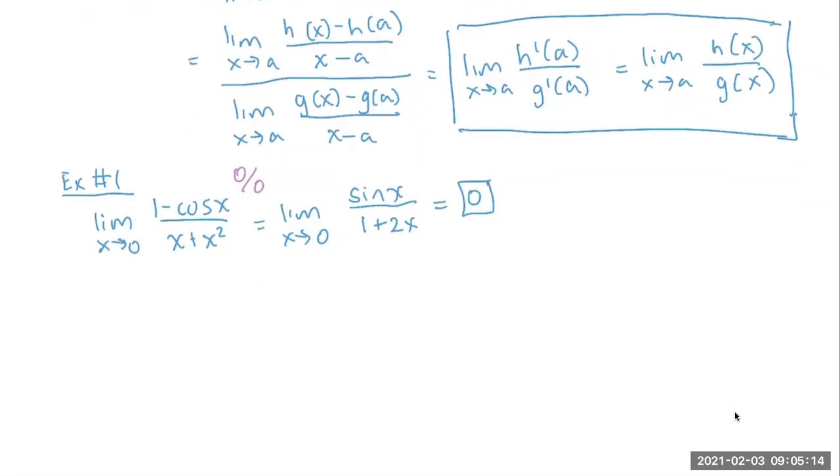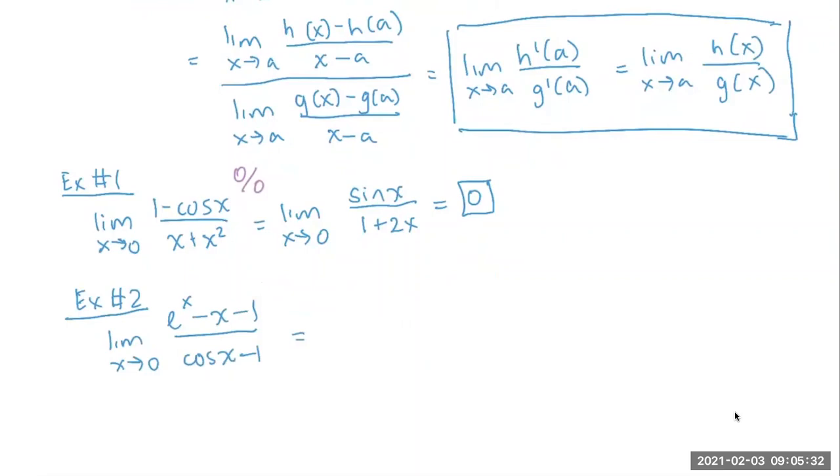So example 2. Limit as x approaches 0 of e to the x minus 1 all over cosine of x minus 1.